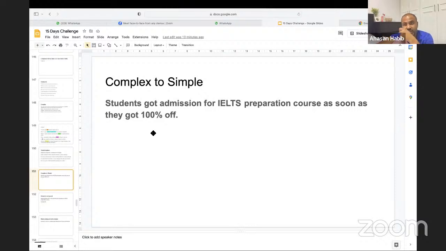Okay, so can you please write this sentence? Getting 100% off, comma, students got admission for IELTS preparation course. Yeah, so if you really understood it, please type in the chat box, yes, I did it.